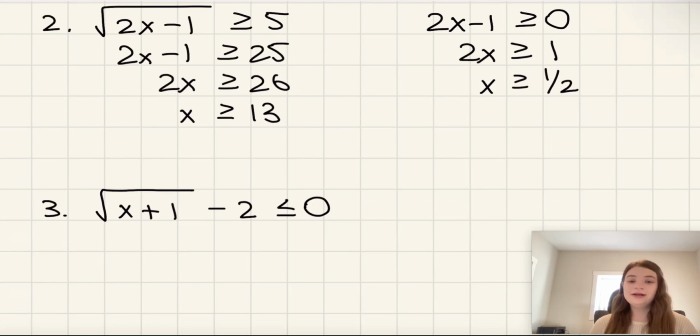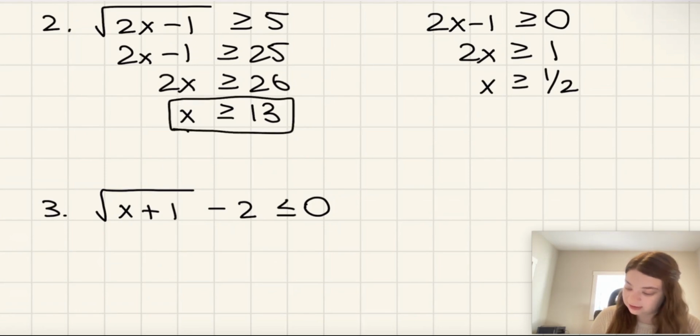So therefore, the final answer is just x is greater than or equal to 13. We actually don't need to include the other condition anywhere, because if a number is greater than or equal to 13, then the second condition of it needing to be greater than or equal to 1/2 is already met anyway.